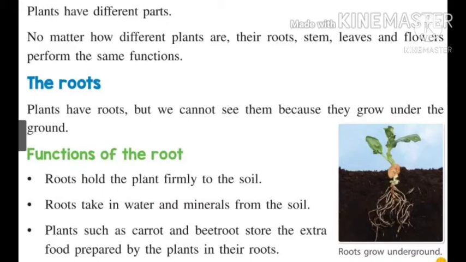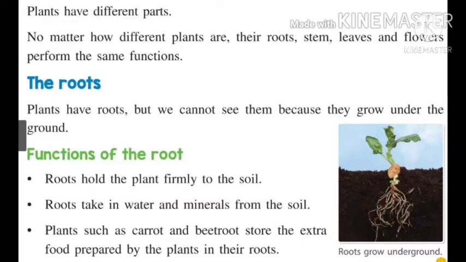Can we see the roots of a plant? No, we cannot see them because they are under the ground. Roots hold the plant firmly to the soil. Because of the roots, plants are firmly fixed in the soil.